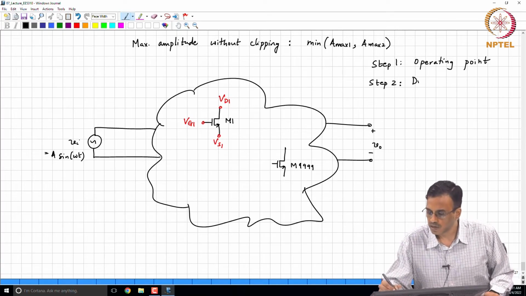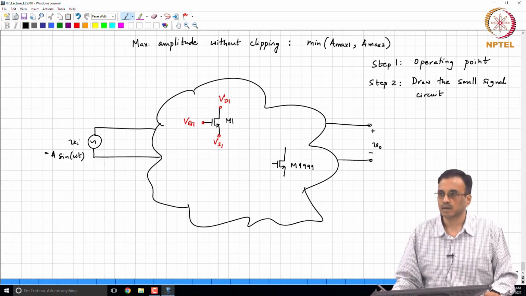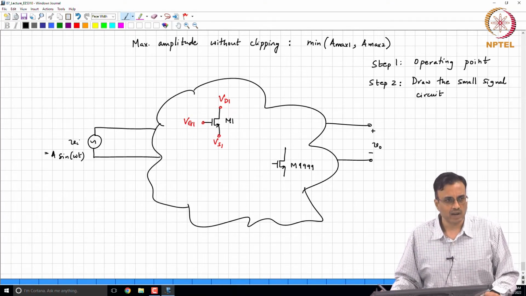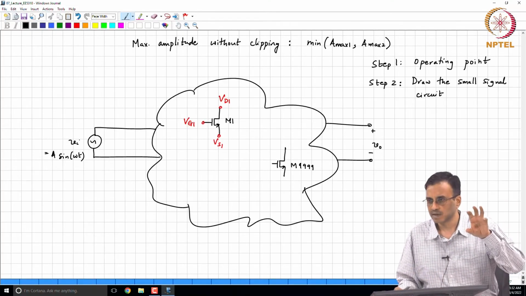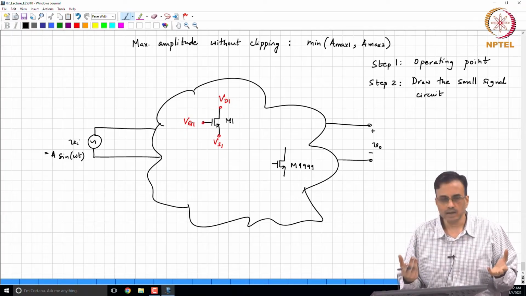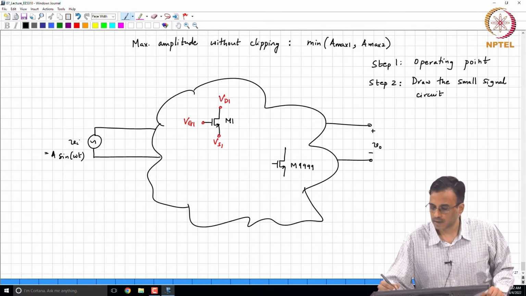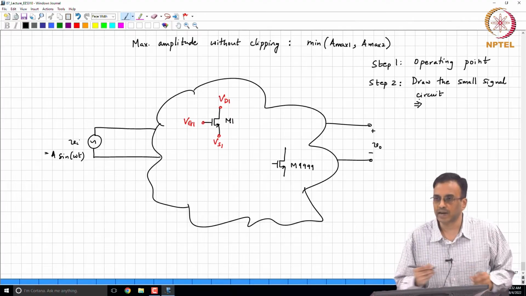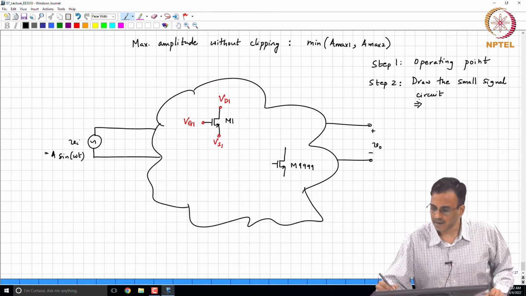So, you draw the small signal equivalent, or the incremental circuit. How do you draw the incremental circuit? You go element by element. Every element has to be replaced by its incremental equivalent, right. So, what will you get at the end of this process? What kind of network will you get? You will get a linear network.